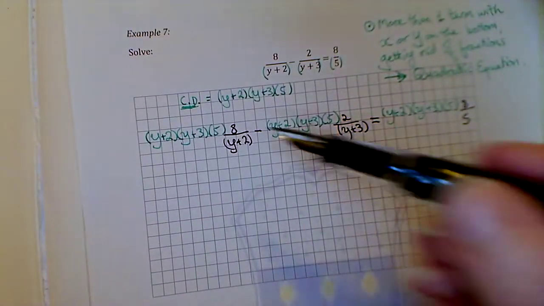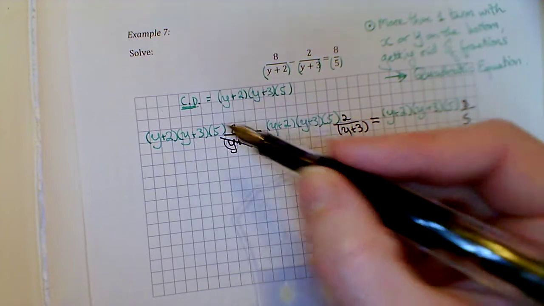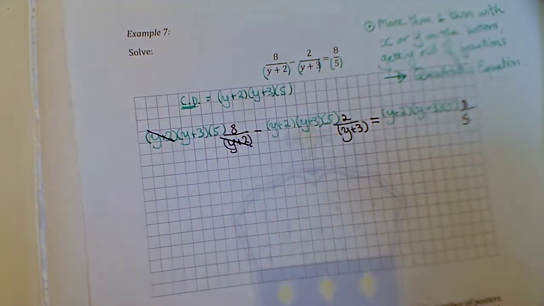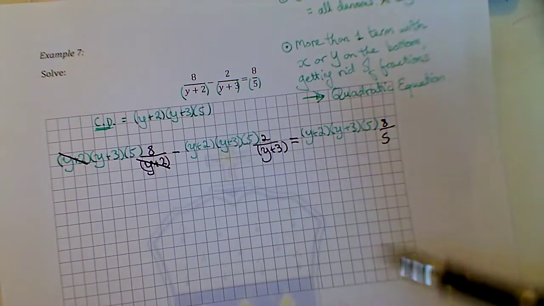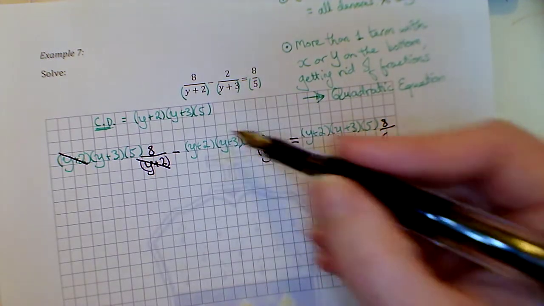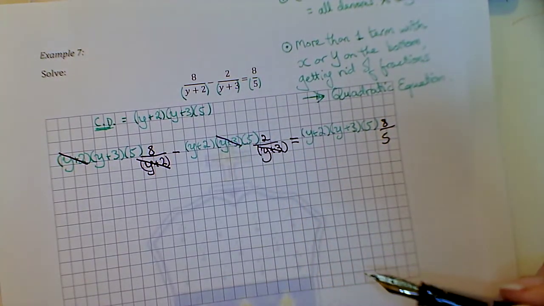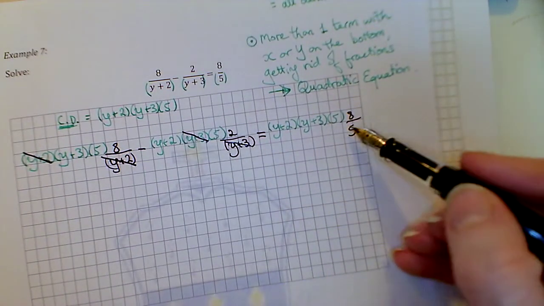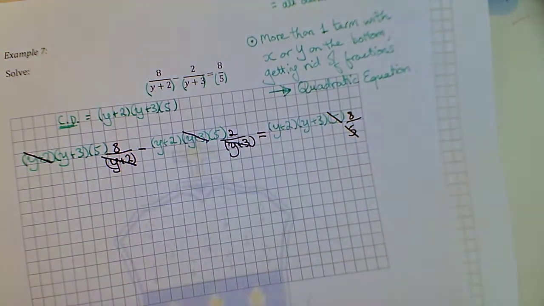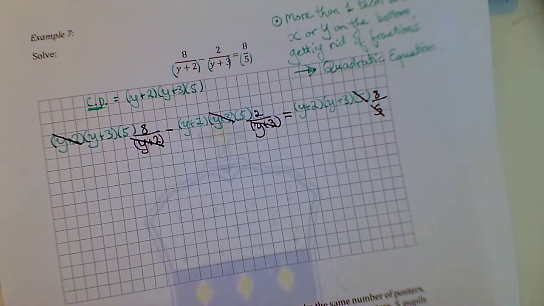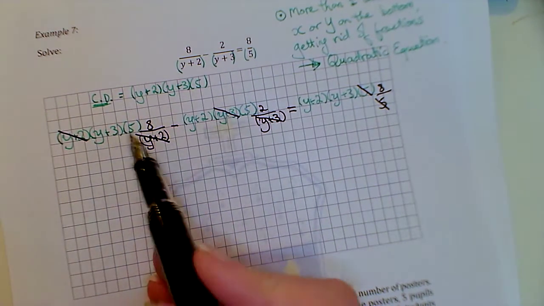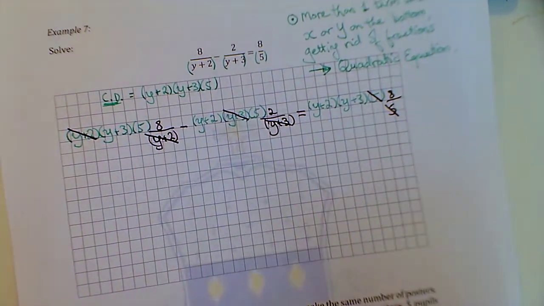And what happens? Well, in the first term, the y plus 2 cancels with the y plus 2. In the second term, the y plus 3 cancels with the y plus 3. And in the third one, all that cancels is the 5. So when I write this down again, all my fractions are gone, but I have something new in every term.